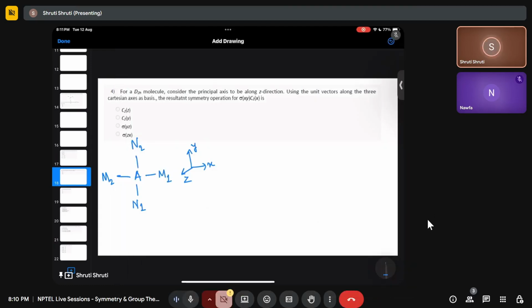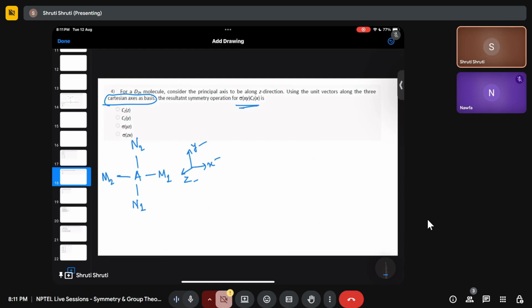Now what it is saying is, using the unit vectors along the three Cartesian axes as the basis. Now here the basis is changed. In the last two questions we had the orbitals as the basis. Now here the basis is the axis itself, x, y, z. The resultant symmetry operation for sigma xy C2x is.